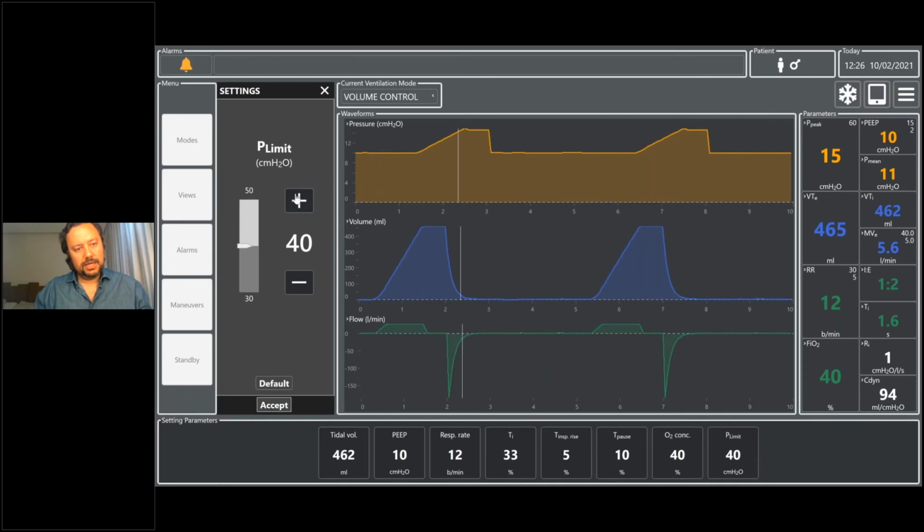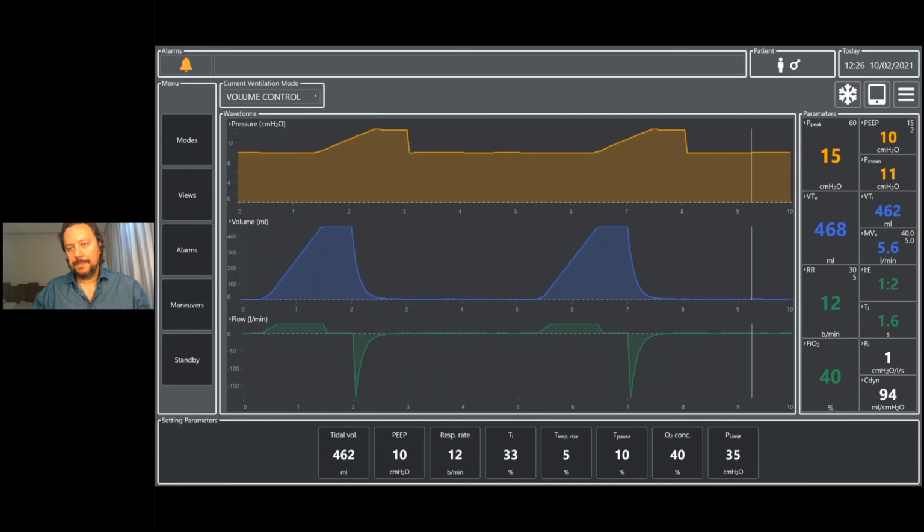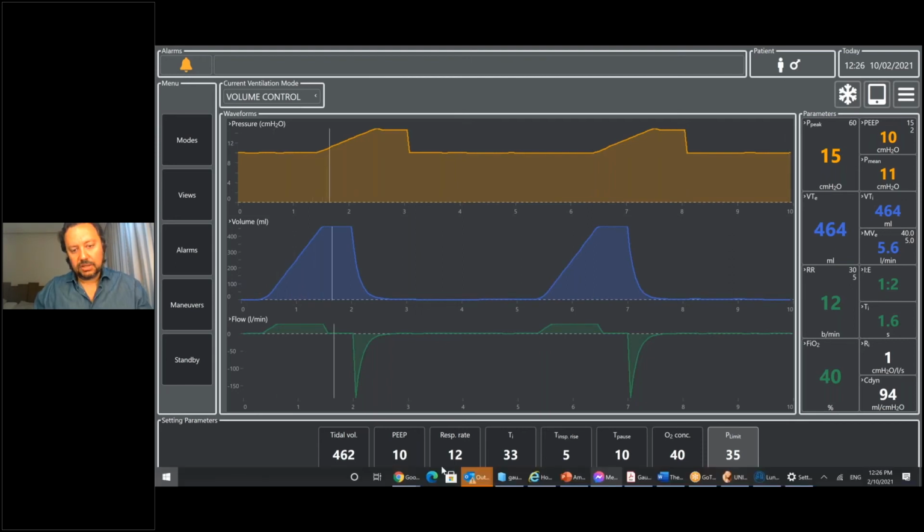So you can increase or decrease the limit, so it won't go to high pressures by accident. We need to protect the lungs of the patient, and so this is what takes us to have a pressure limit.